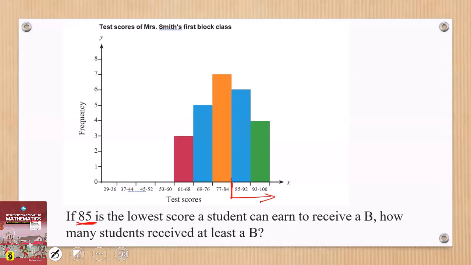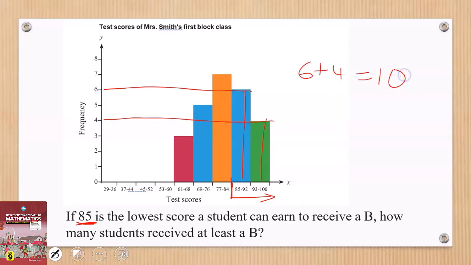That means either B or more is going to be from 85. So for the first range of marks, we have 6 students involved. Then the second range also give us 4, and so we are going to get 6 plus 4, and that will give us 10. That means 10 students are going to get at least B in this very test.